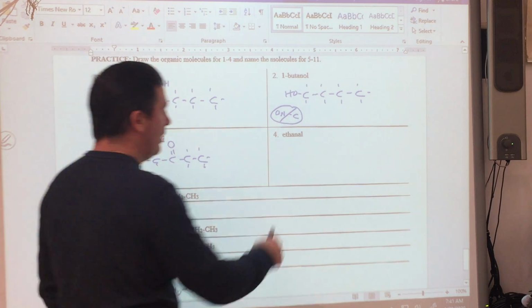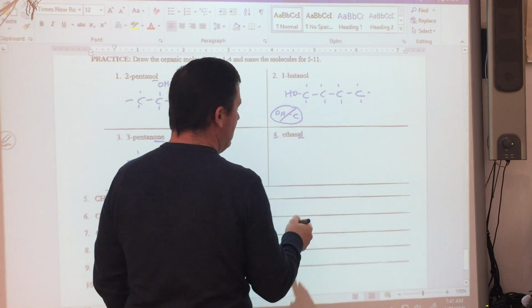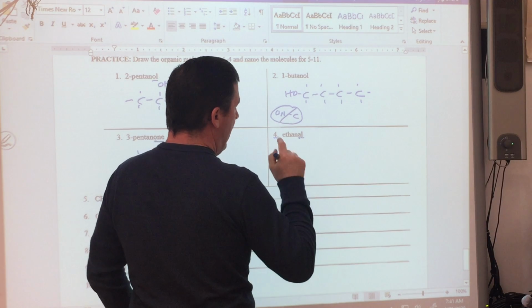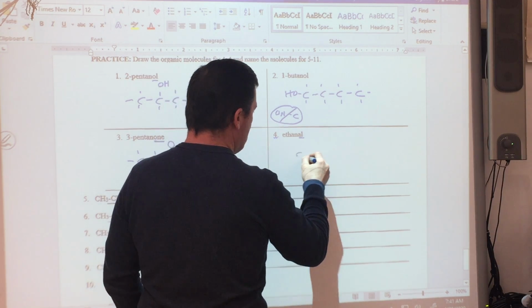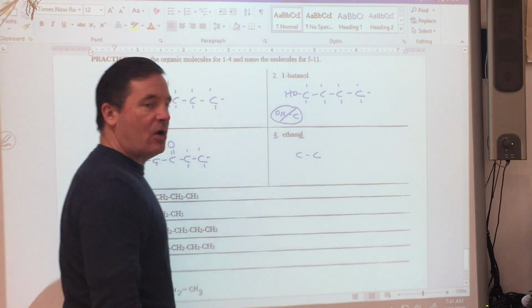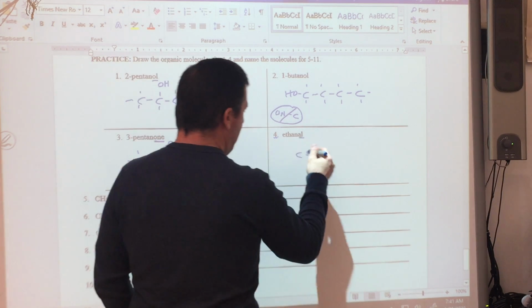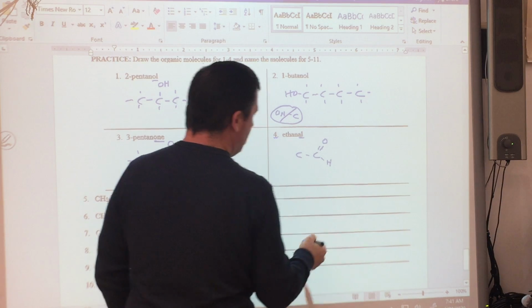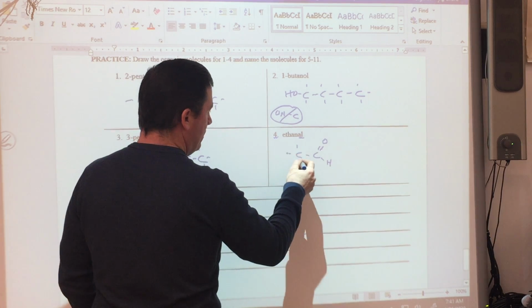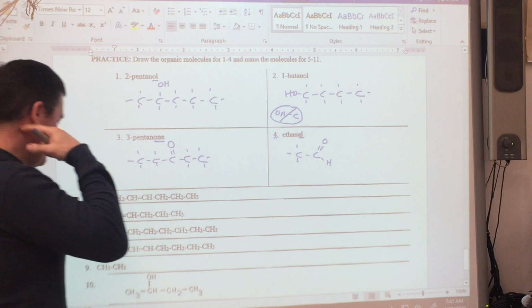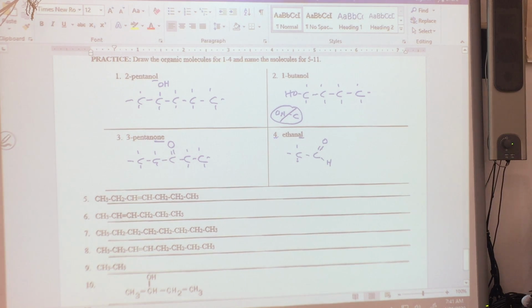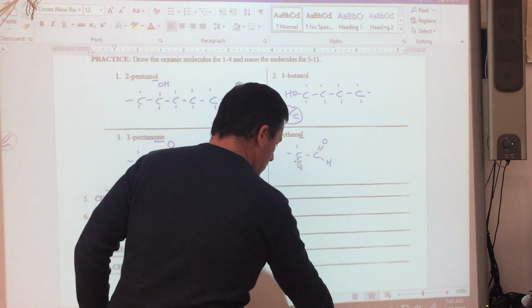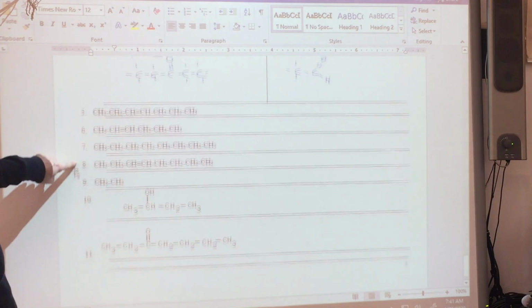And lastly, number 4, ethanal. Al indicates that it is an aldehyde. ETH indicates that I've got 2 carbons. Remember, in ethanal, it has a double bonded O and then just an H. And then I fill in my carbons. There's ethanal. All right? And that's the end of the notes for the functional groups.